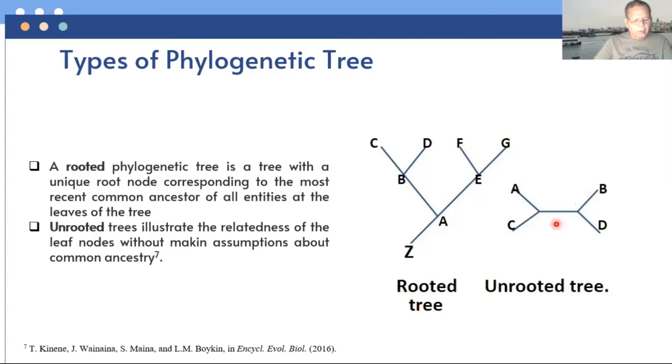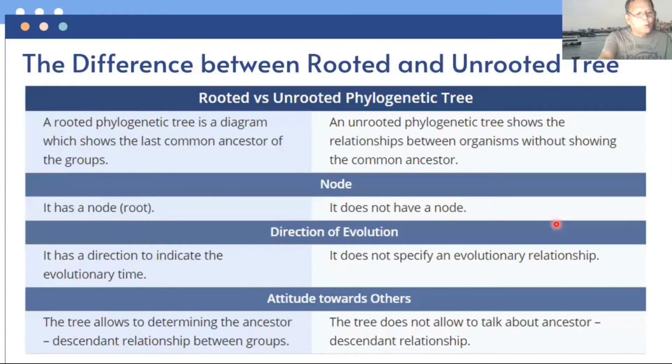Then now let's move to the difference between rooted and unrooted. Several difference between rooted and unrooted tree we can see in this table. This is rooted versus unrooted phylogenetic tree. See this one.